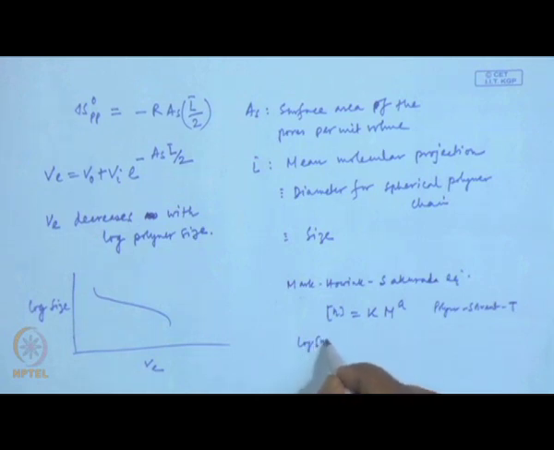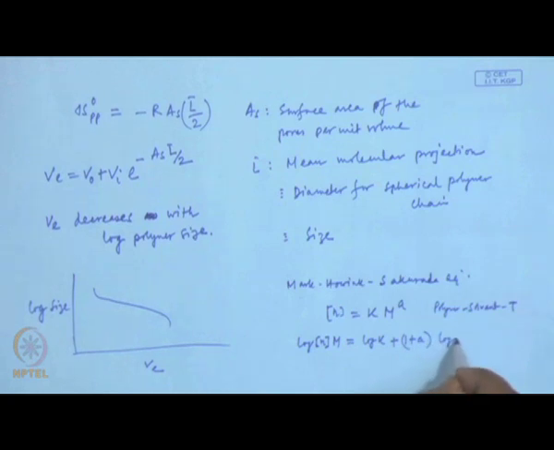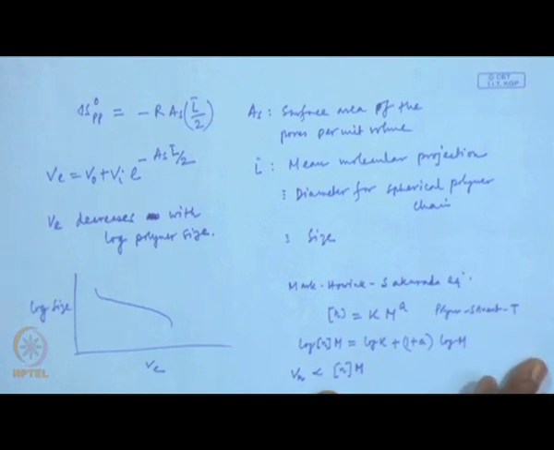So, I can write log eta is log K plus a log M. Now, remember from our discussion on solution behavior of polymer molecules that polymer size in solution means hydrodynamic volume, V_H, proportional to eta M. We have seen these relations before.